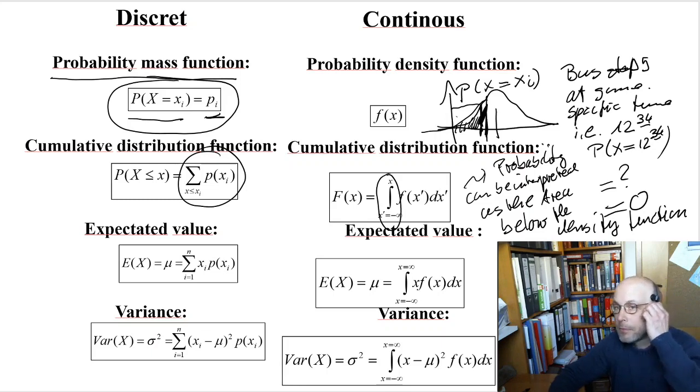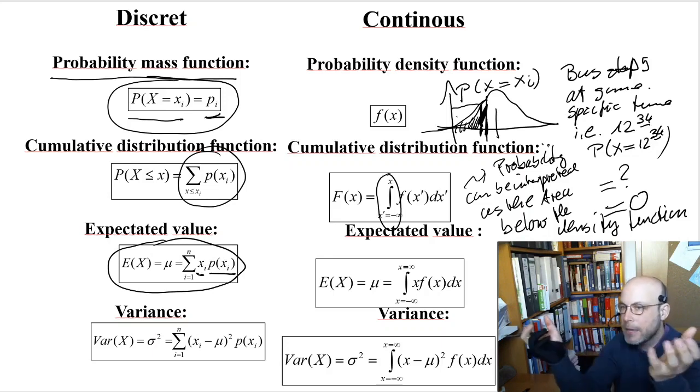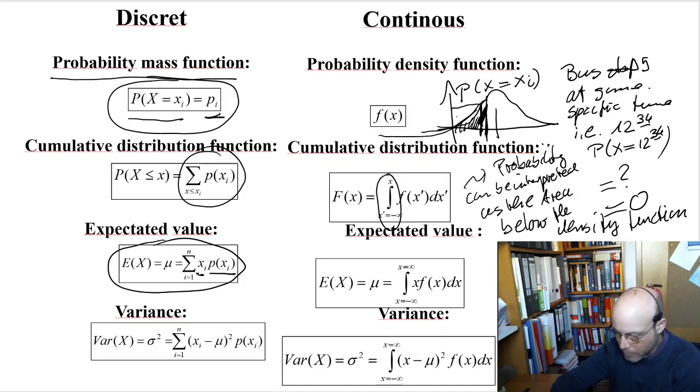And then, of course, we already had done it when we calculated some averages and so on, that the sum over the event times its probability is our expected value. And if we go to a continuous variable, then again we have to take the integral over the whole sample space.